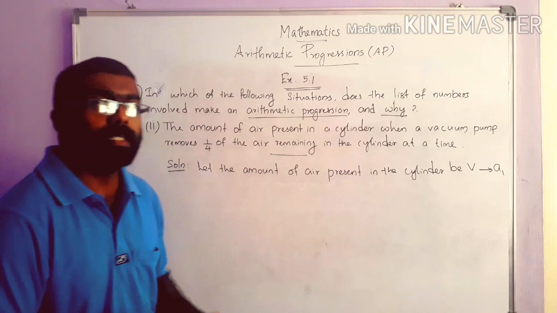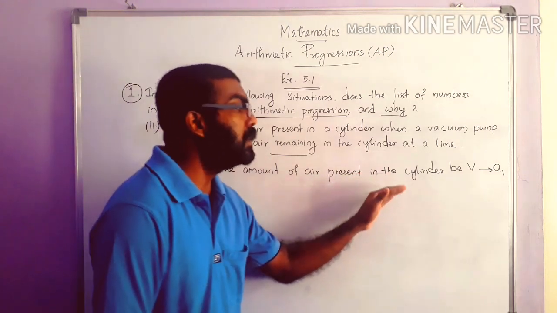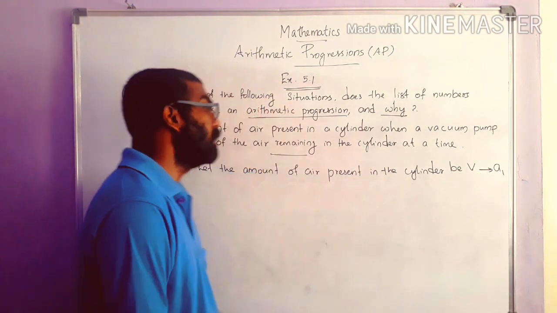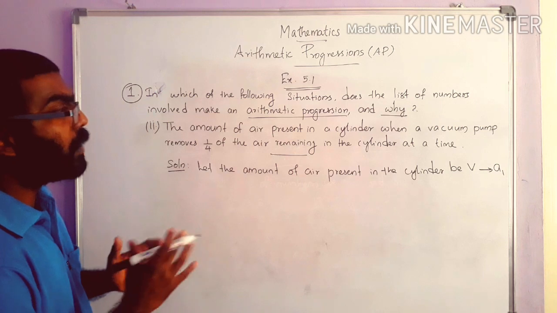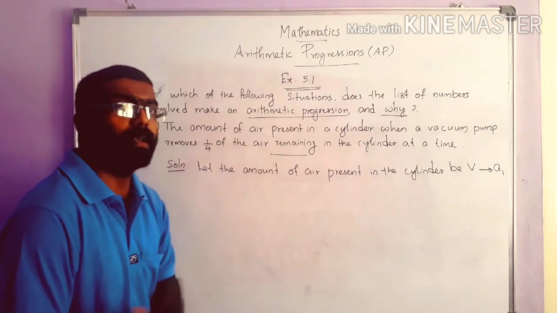That means at present the amount of air present in the cylinder is V, capital V. Now using a vacuum pump, we have to remove 1/4 of the air.